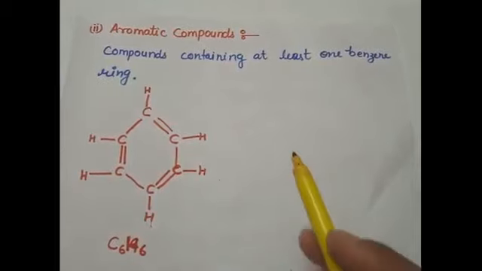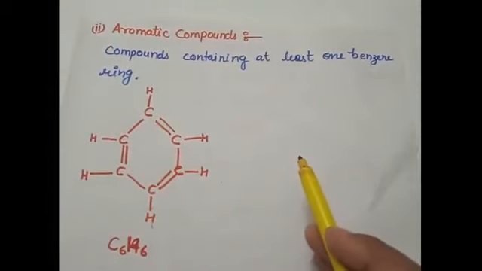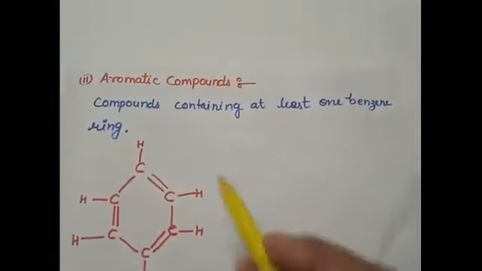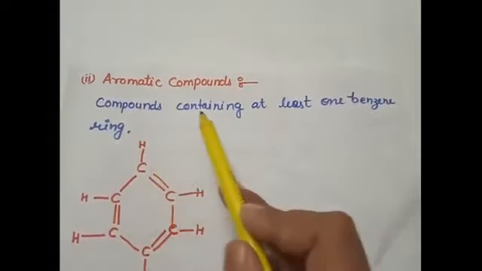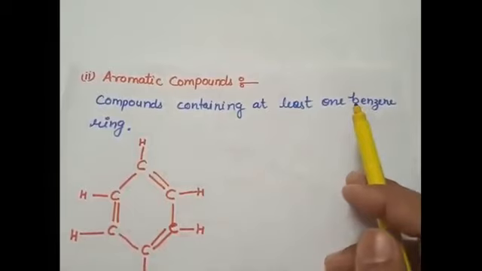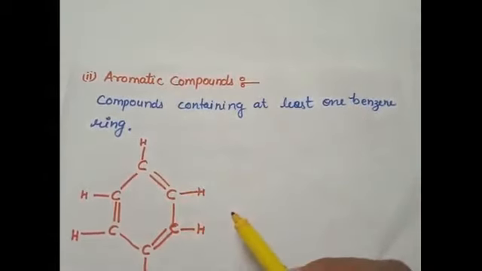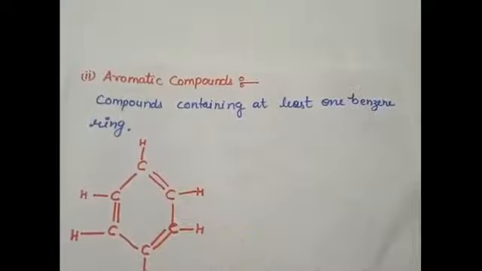But apart from the smell, what is so special in the aromatic compounds? Compounds containing at least one benzene ring, the benzene ring that we just studied. These compounds having at least one benzene ring are called aromatic compounds.